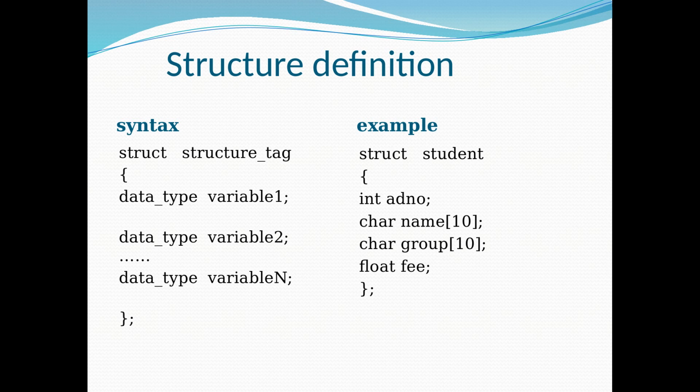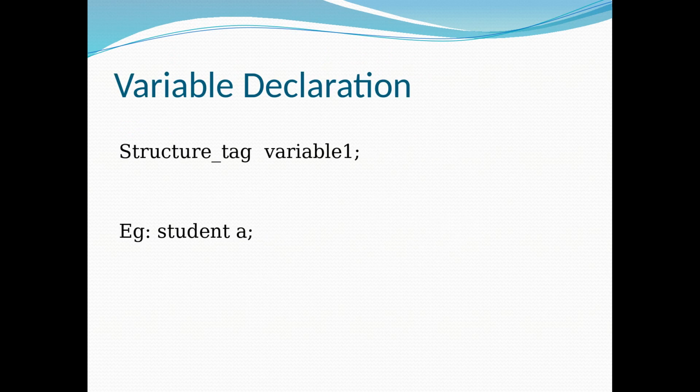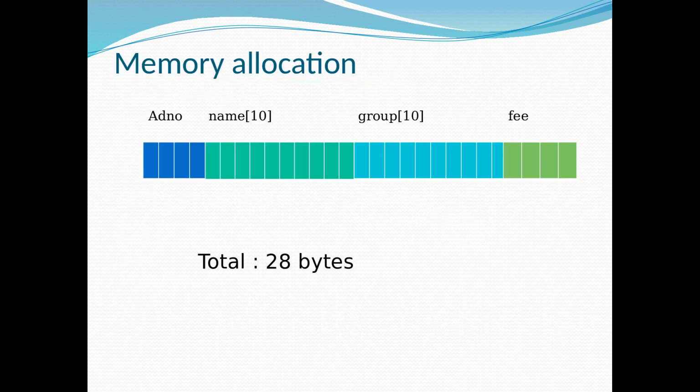In the case of name, for storing name data, we need 10 bytes. The total memory required for storing that particular variable is 28 bytes. That is, admission number 4 bytes, name 10 bytes, group 10 bytes, and fee 4 bytes.